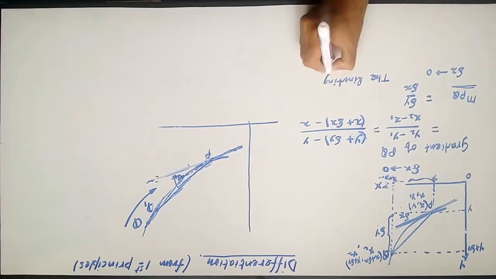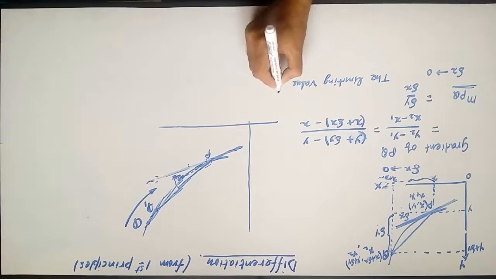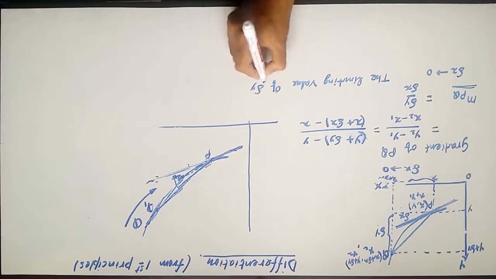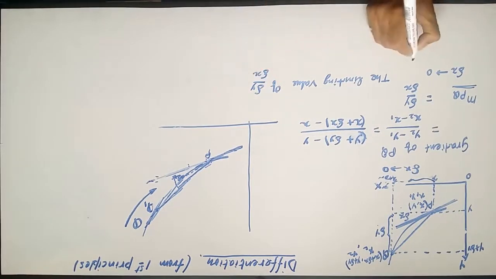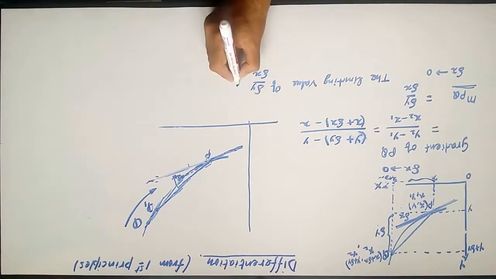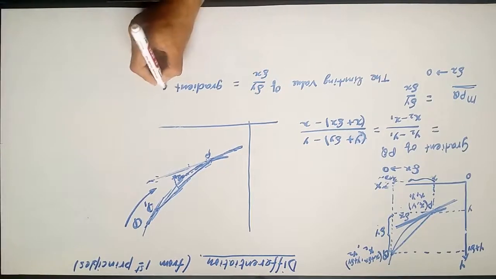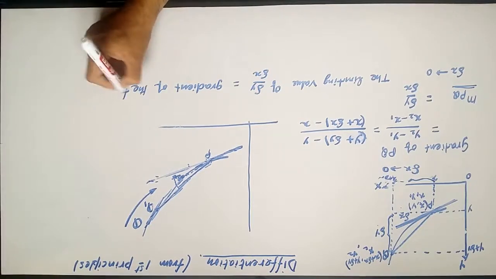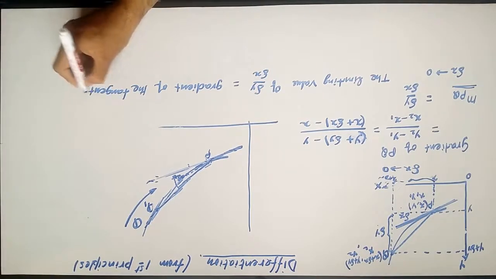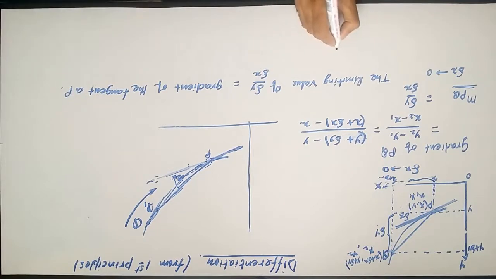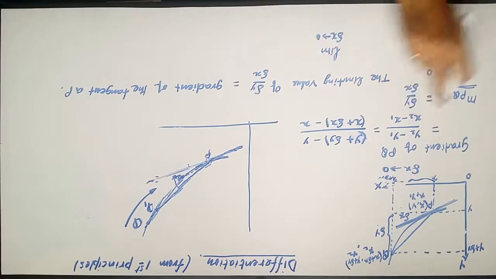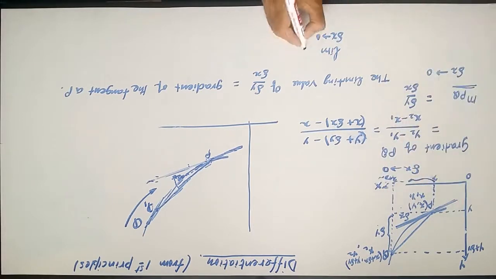Therefore the limiting value of delta y by delta x is equal to the gradient of the tangent at P, and this is written as the limit of delta x tends to 0, because delta x tends to 0, this is the limiting value.